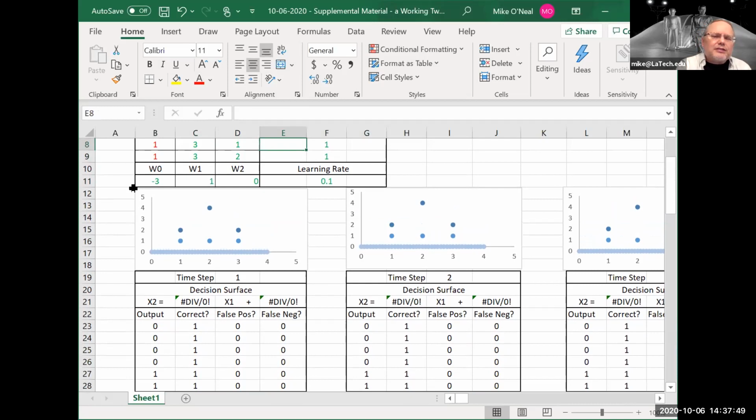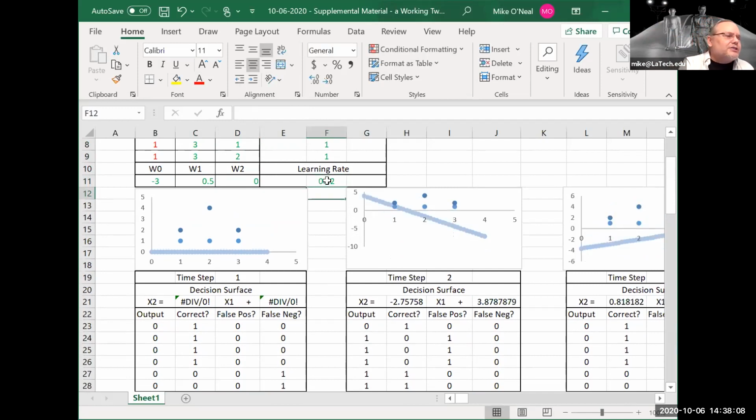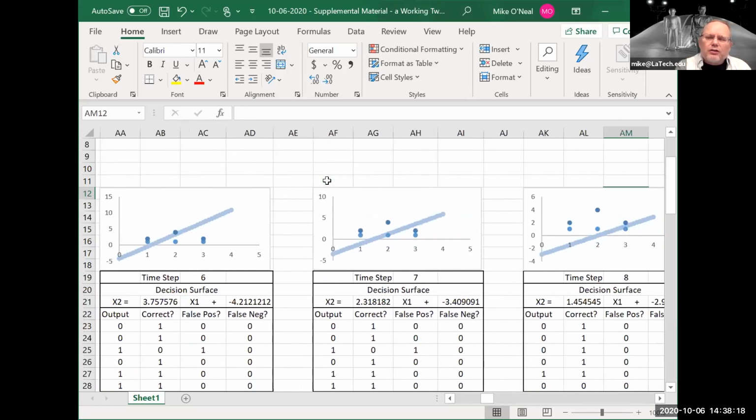How about if I come here and I set this to 0.05? Okay, now I'm going to set the learning rate to 0.22, which is what I have in my notes. And you would see that on this one, it will stabilize, I think, after 9 iterations. So it's still moving along.